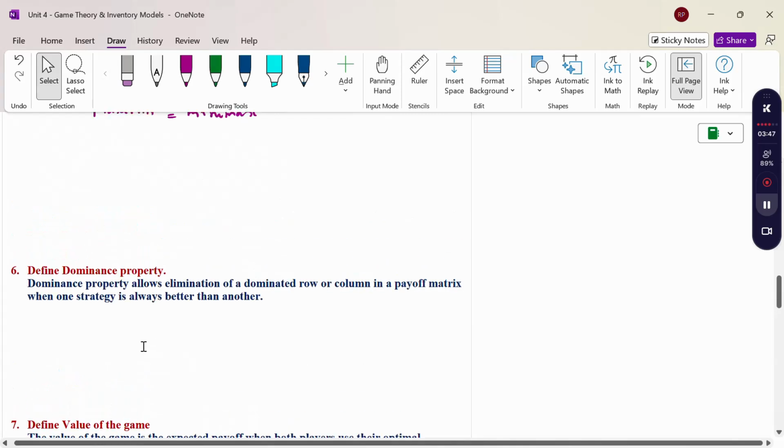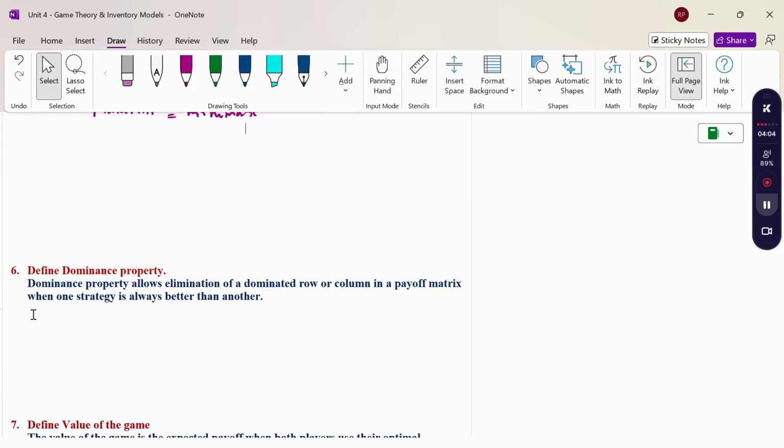Define dominance property. The dominance property allows elimination of a dominated row or column in a payoff matrix when one strategy is always better than another strategy. We apply the dominance property when there is no saddle point, because maximin and minimax are not equal, and it is not a mixed strategy condition.